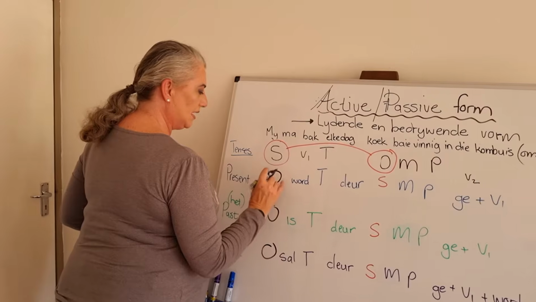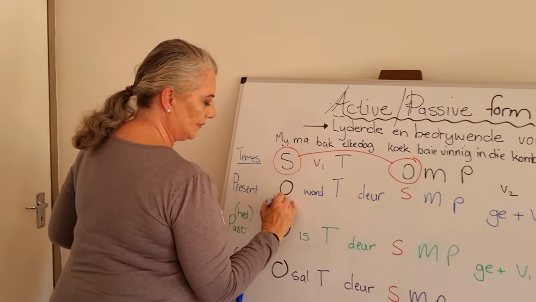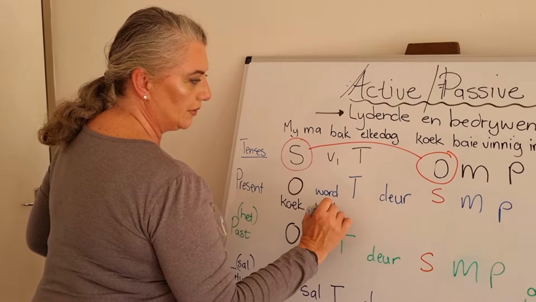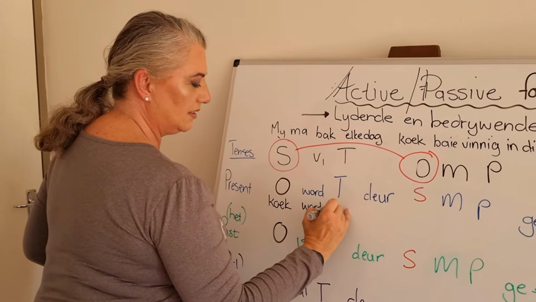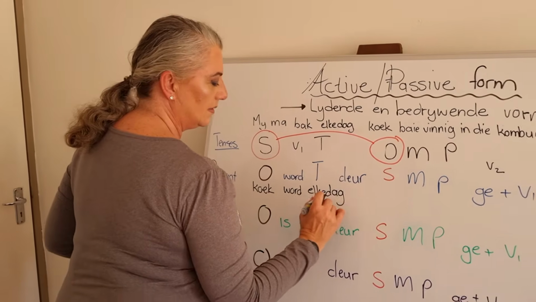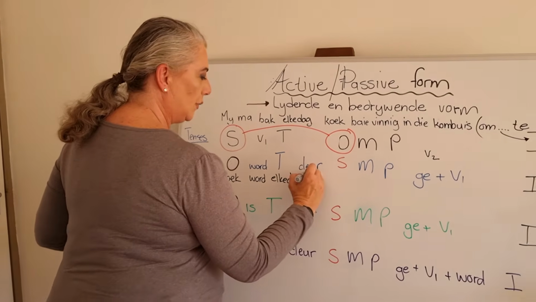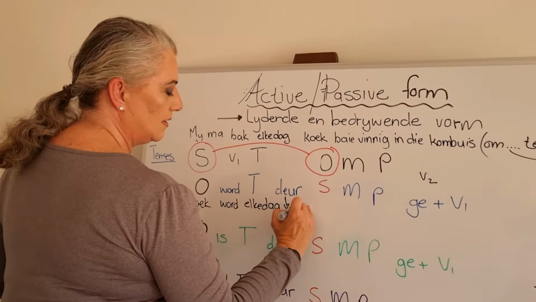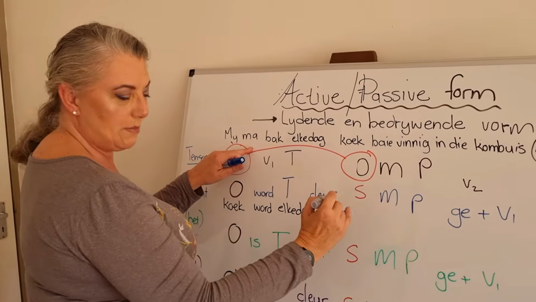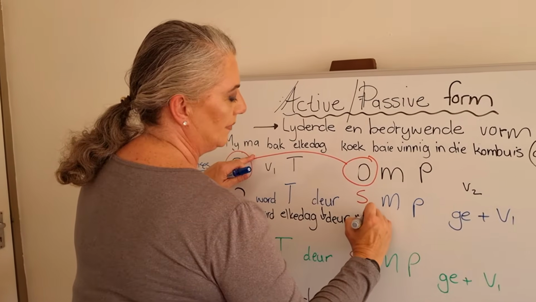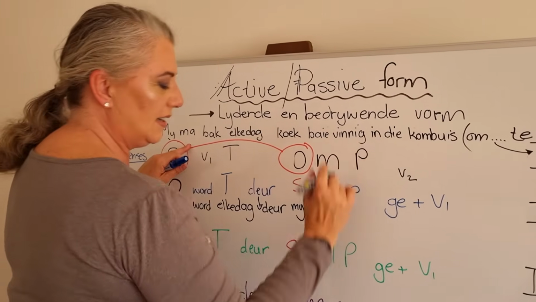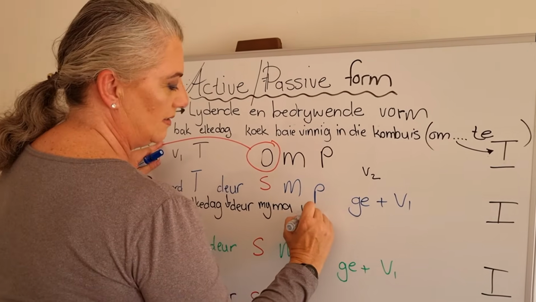So the object is cook, word, time is elke dag, deur, we add in the sentence, deur. The subject is my ma. Baie vinnig is the manner.